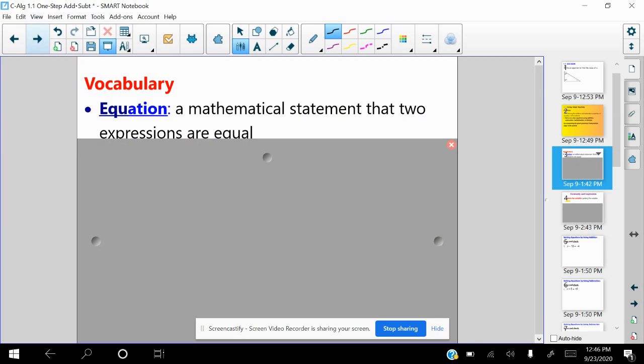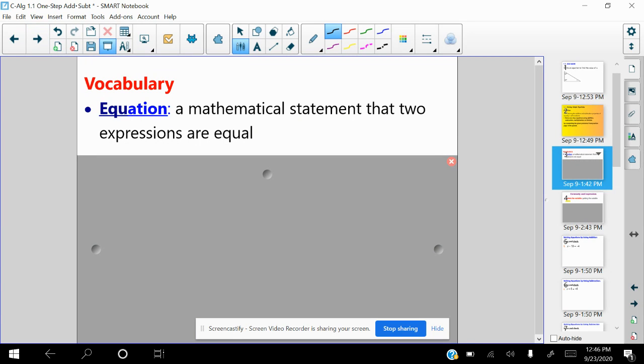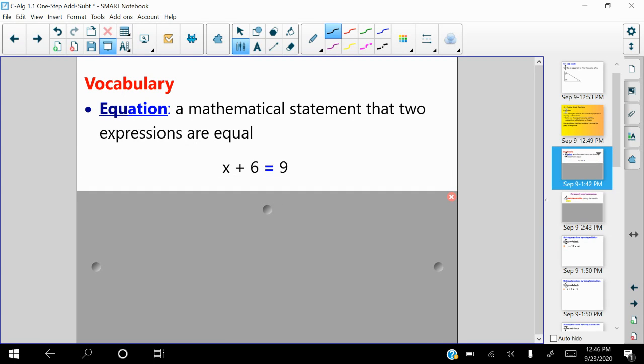Before we move on, we need to establish some vocab. You're going to hear me say an equation. An equation is a mathematical statement that two expressions are equal. Remember, an expression does not have any equal sign, but an equation does. So for example, this is going to be an equation because we have the equal sign.